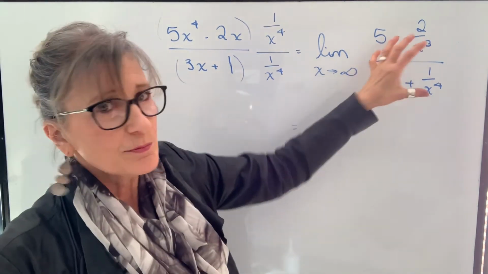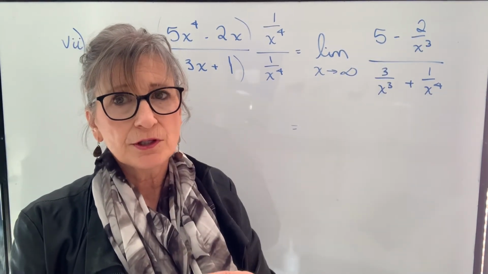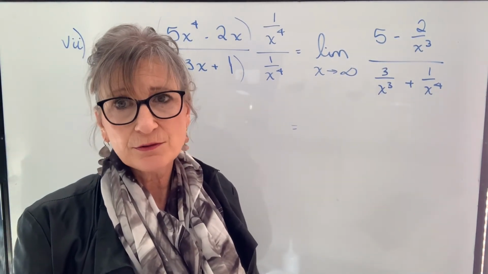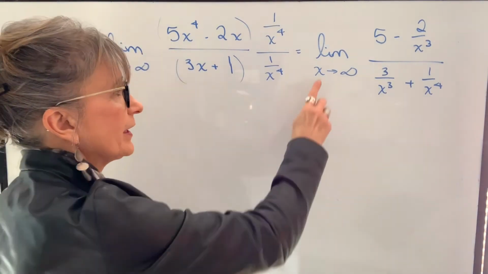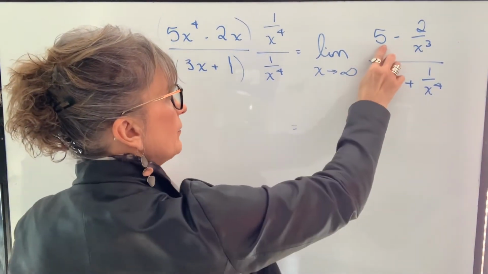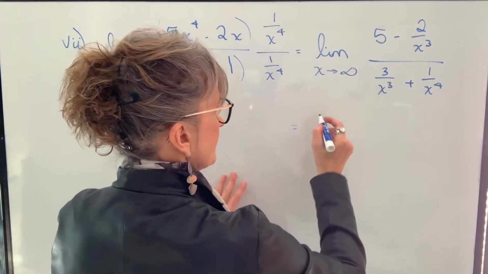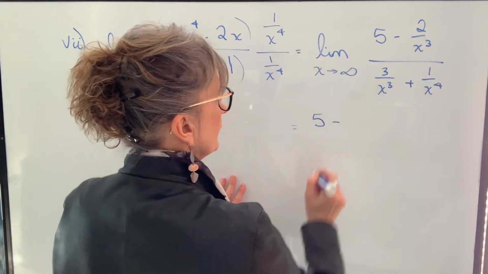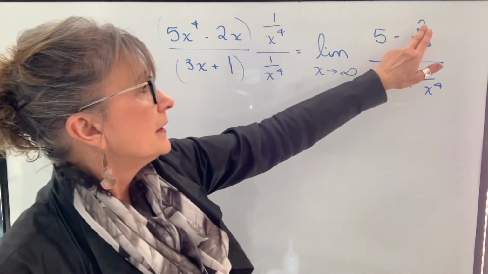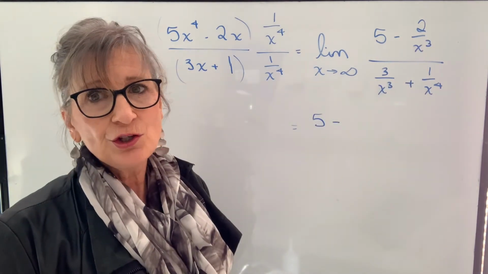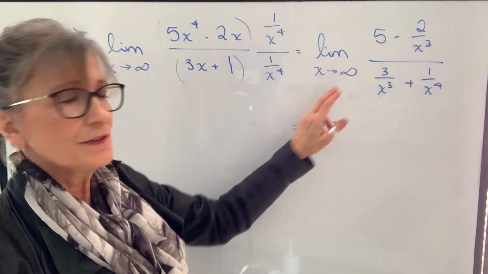Now I have an expression where every term is either a constant or a fraction where x is only in the denominator, which is perfect because now I can find the limit. The limit of 5 as x approaches infinity is still 5. The limit of 2 over x cubed as x approaches infinity is 0.